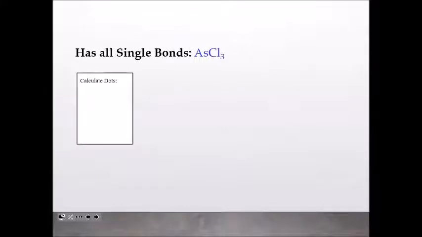So let's take a look at our first example here. Arsenic trichloride. And this is under the all single bonds example. So we're going to go back and start practicing with our rules. We have AsCl3. Rule number 1 says we're going to do what?